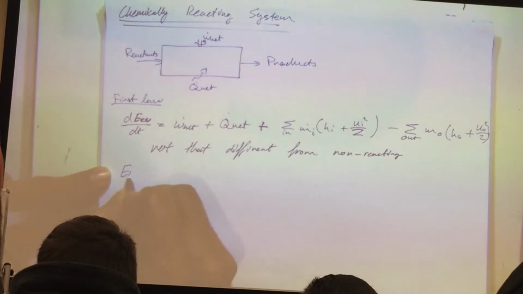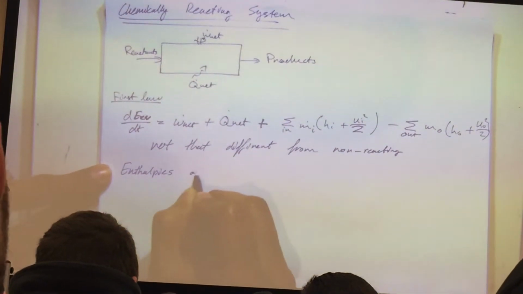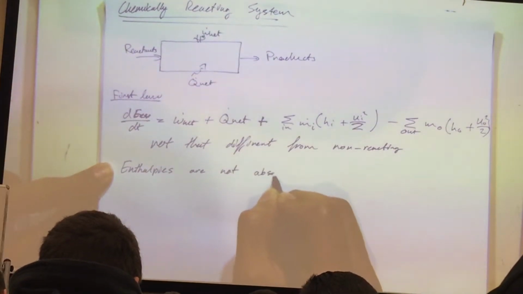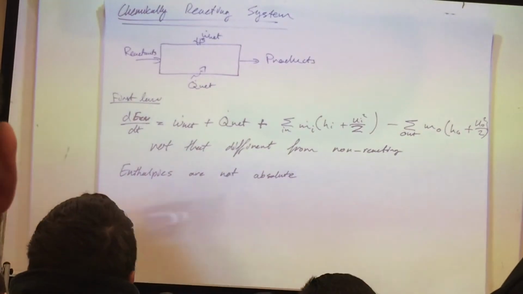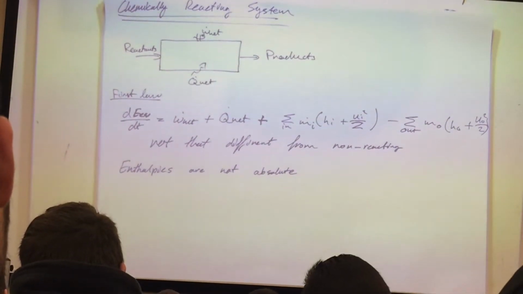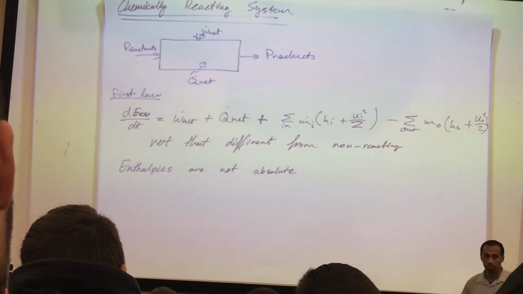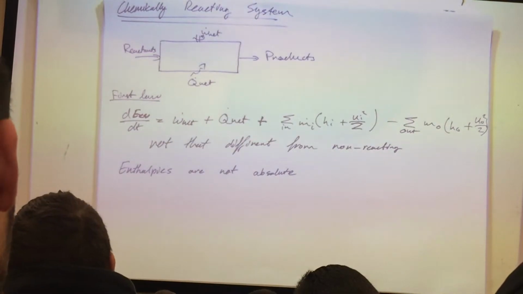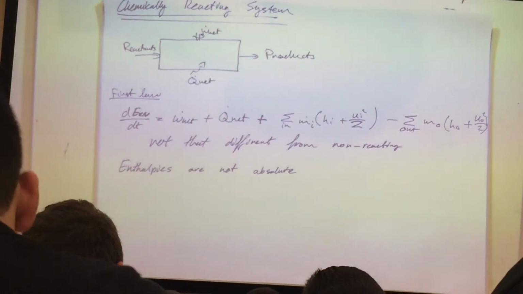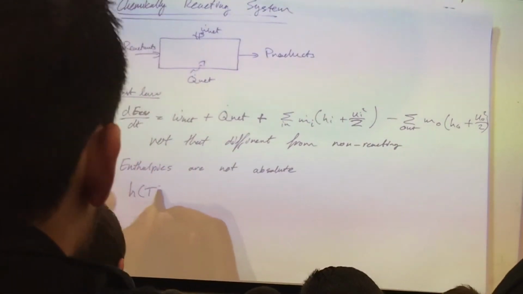The enthalpy is not absolute. Meaning that for each species that I have to deal with, there's a reference enthalpy at different temperature levels. Now that I have a reacting system, I'm going to be dealing with large gradients of temperature. So therefore, my enthalpy is going to be a function of temperature.